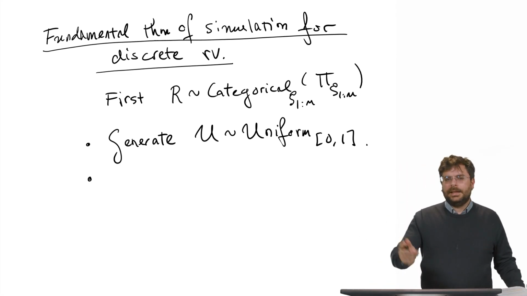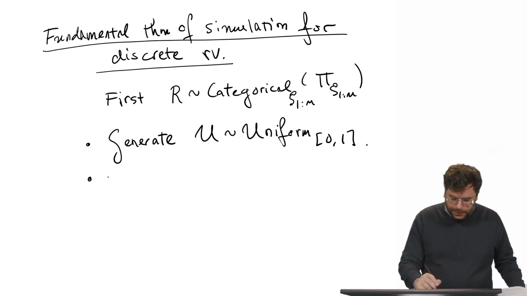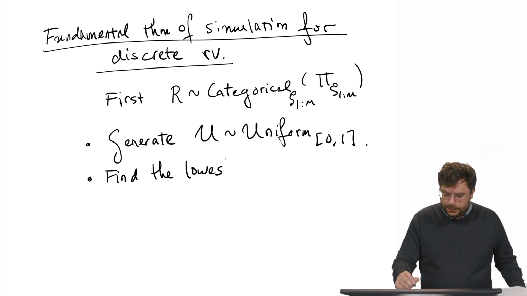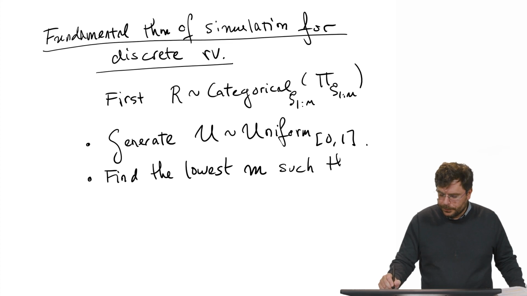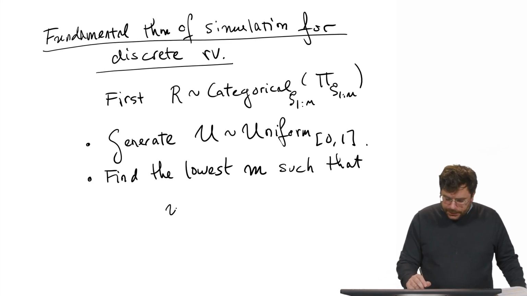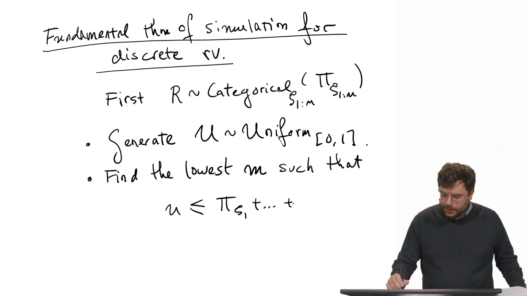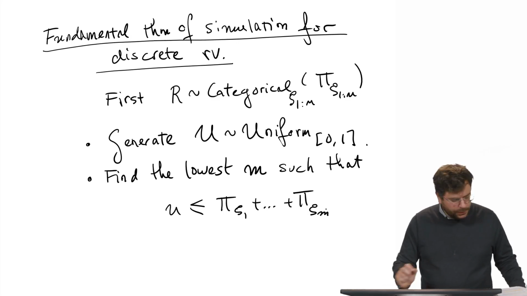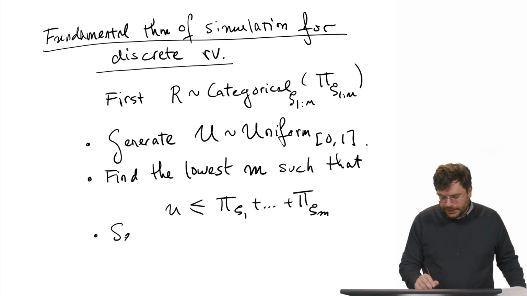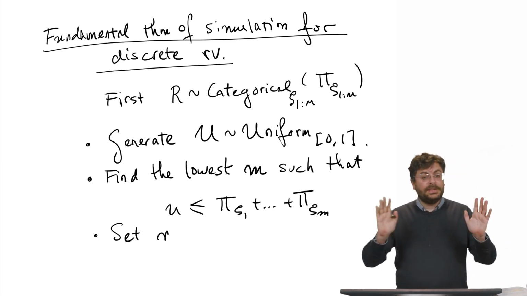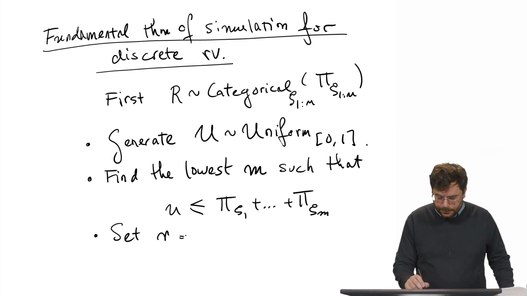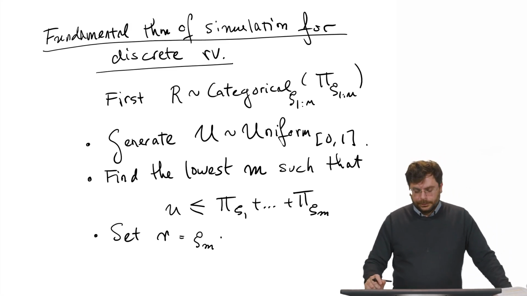Then, and this is really the key step, we will find the lowest m such that u is less than or equal to pi rho 1 plus all the way to pi rho sub m. And finally, we will set r, the realization of a random variable, to rho sub m, that outcome.